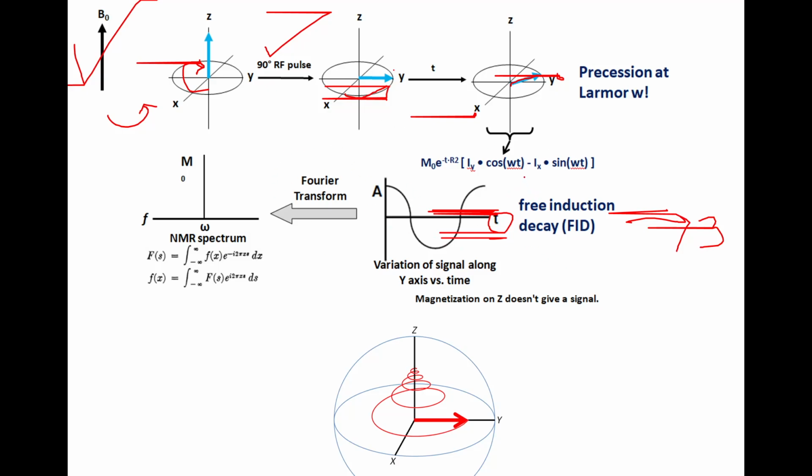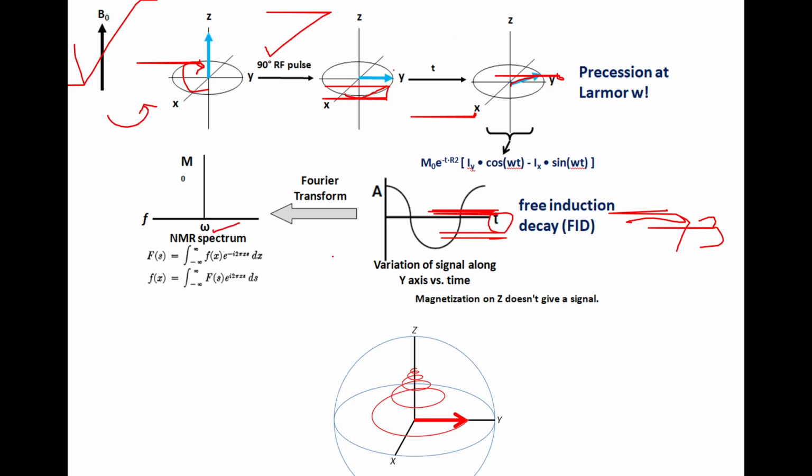So for each free induction decay, you do a Fourier transform on it and get this decay as a particular frequency, which is given as omega.